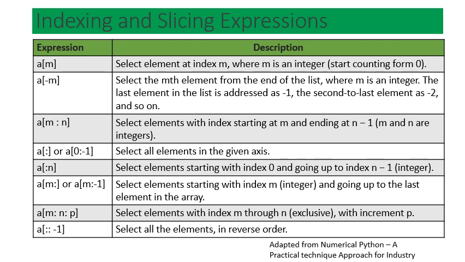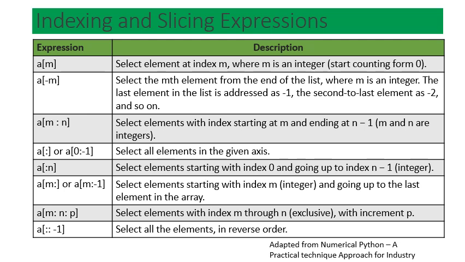Then a[m:n] selects the elements where the index starts from m and ends at n minus 1, where m and n are integers. So a[n:] or a[n:-1] selects other elements given the axis, and a[:n] selects the elements starting with index 0 going up to the index integer.